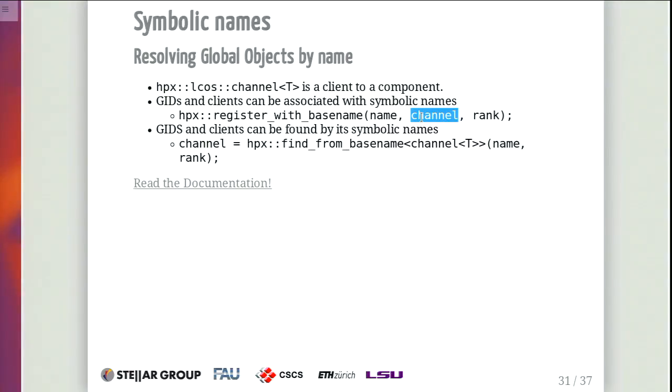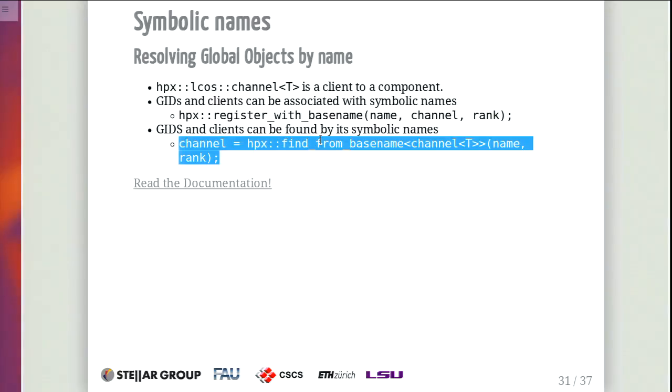And on a different locality, you can look up that base name again and have it construct a reference to the channel that you registered with that base name, right?